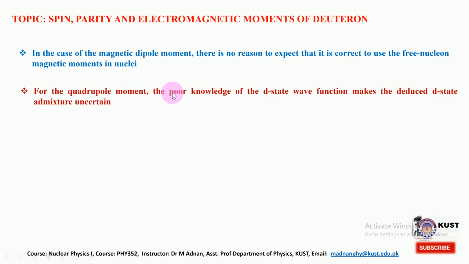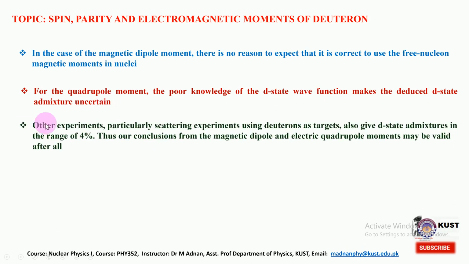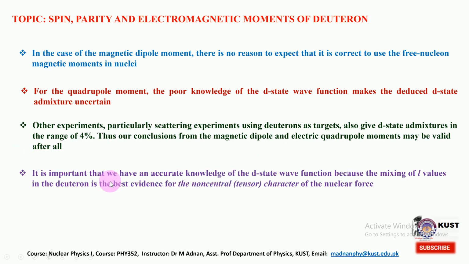For the quadrupole moment, the poor knowledge of the D state wave function makes the deduced D state admixture uncertain. Other experiments, particularly scattering experiments using the deuteron as target, also give D state admixtures in the range of 4%. Thus, our conclusions from the magnetic dipole and electric quadrupole moments may be valid after all.